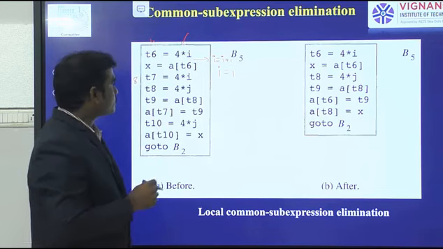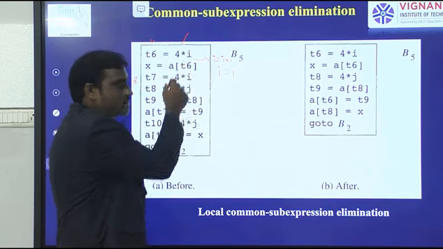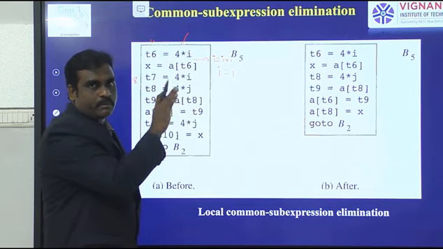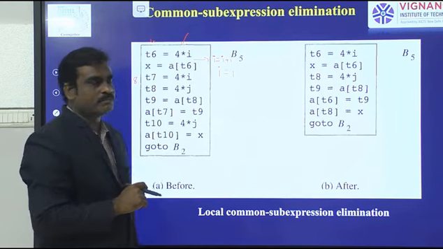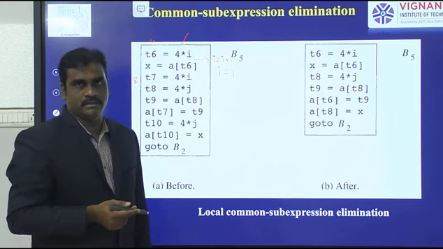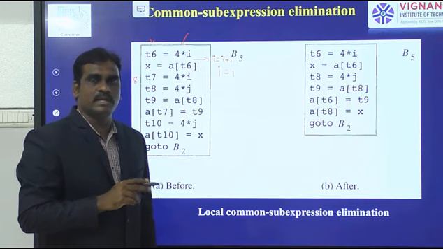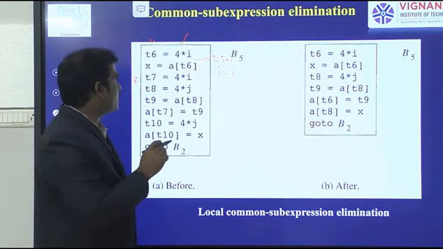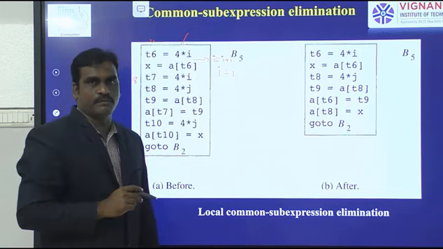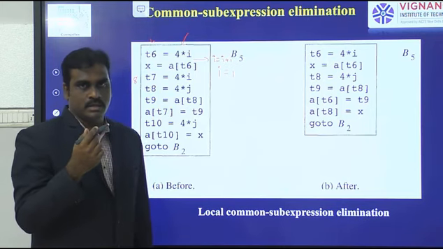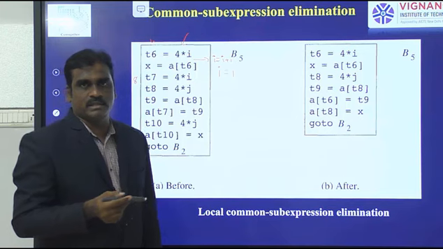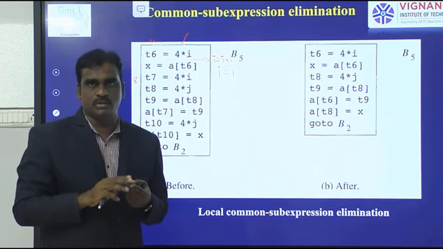At that time, even though expressions are same, we need not modify it. We need not delete the statement T7 because the values are different. Expression is same, but the values are different. At that time, we are not removing the statement T7 equal to 4 into I. So whenever you have to remove any statement or any expression, first we have to check two things.